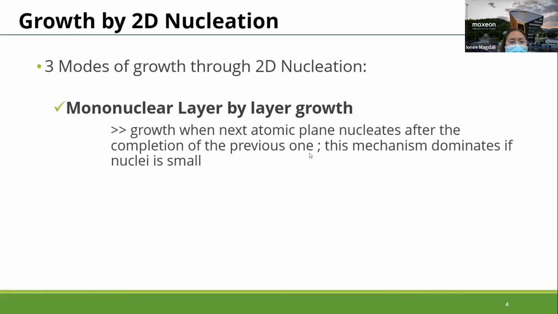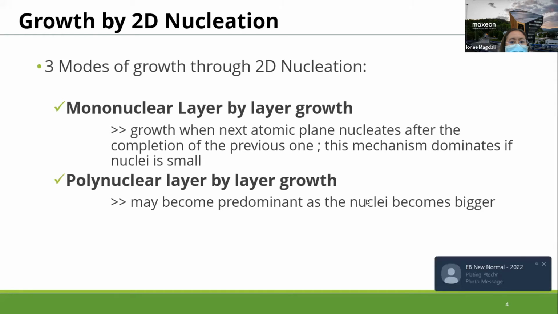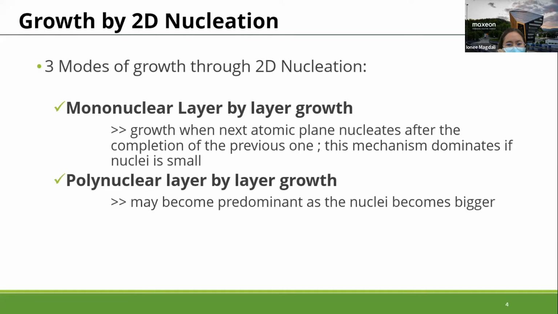This mechanism dominates if the nuclei are small. The second mode of growth is the polynuclear layer by layer growth. This case may become predominant as the nuclei become bigger. And the last mode of growth is the multilayer growth, which is our main topic for today.